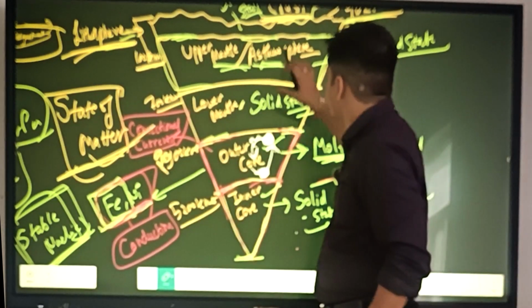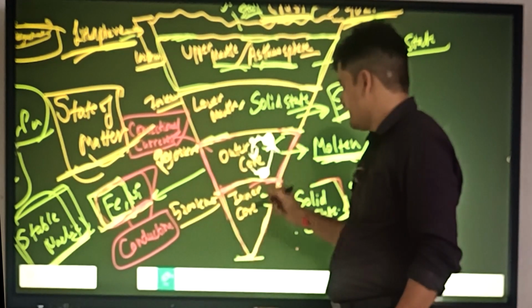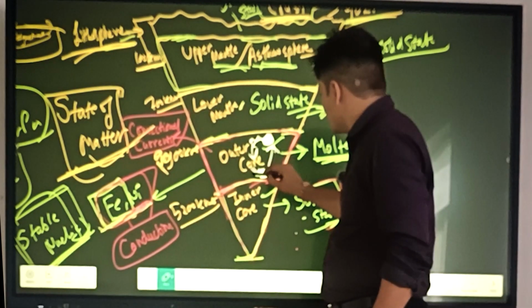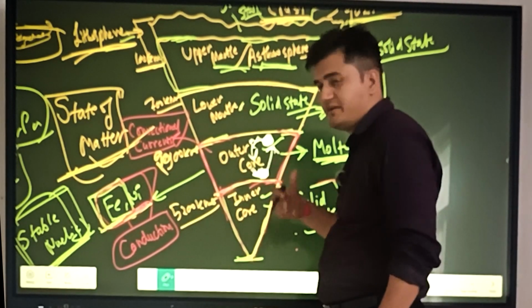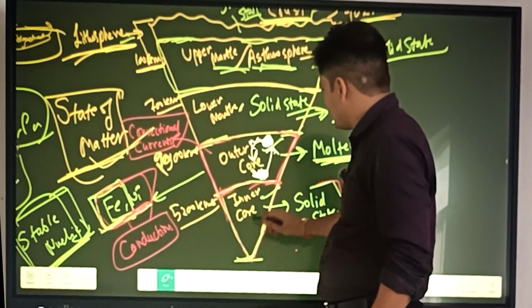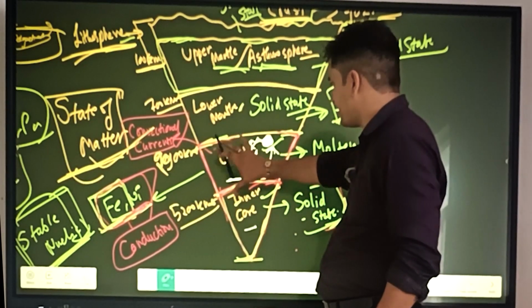The same convectional current we see in the asthenosphere, and also in the outer core. The convectional current is the mechanism of energy transfer in the outer core. So this is how the conduction process and the convectional process we can see in the core region.